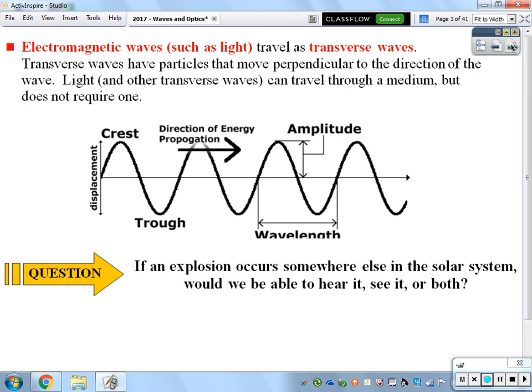The counterpart to the crest would be the trough. That is going to be the bottommost point of the wave. Now here's what I like to label a little differently than what's up here on the board.